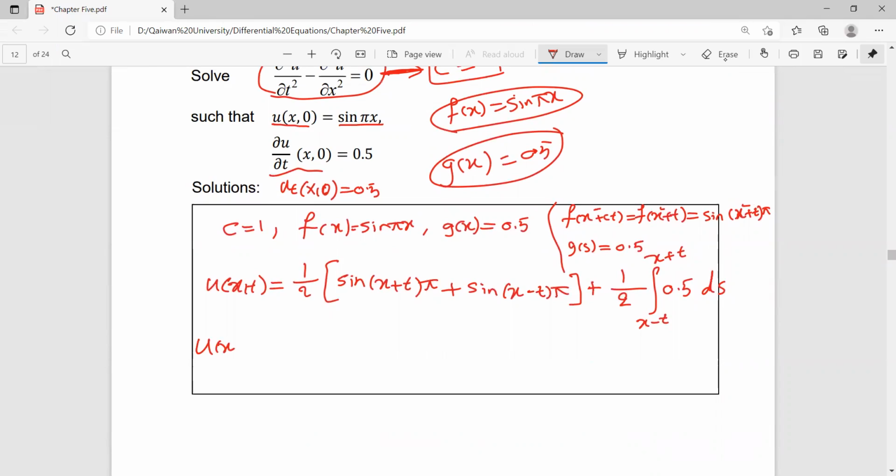So u of x,t equals a half of sine (x plus t) times pi plus sine (x minus t) times pi. It equals a half of integration of 0.5 ds, which is 0.5 s from x minus t to x plus t.